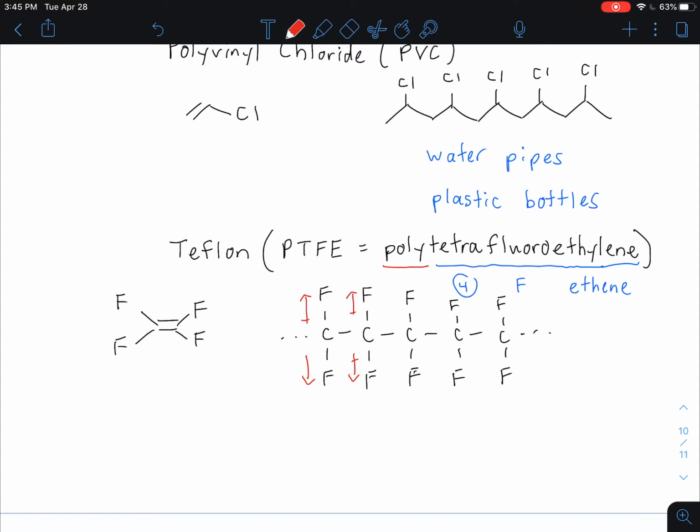So fluorine is substantially more electronegative than carbon. So in each of these carbon-fluorine bonds, there's a tug of war between carbon and fluorine over the electrons that fluorine is winning by a large margin. But now all of these fluorines are competing with other fluorines because there's so many saturating the entire molecule.